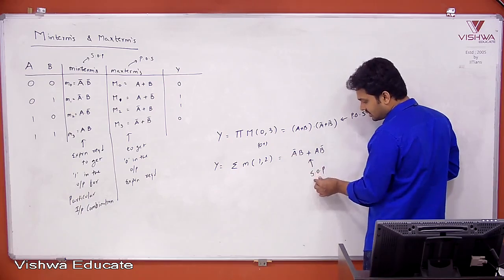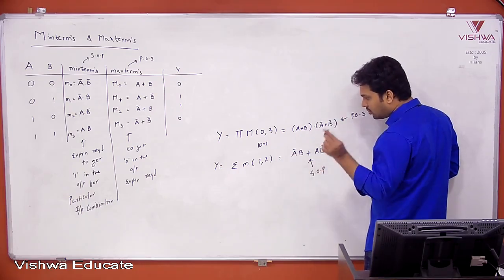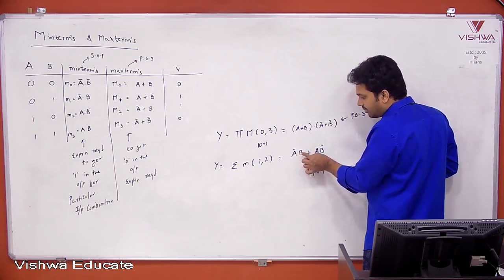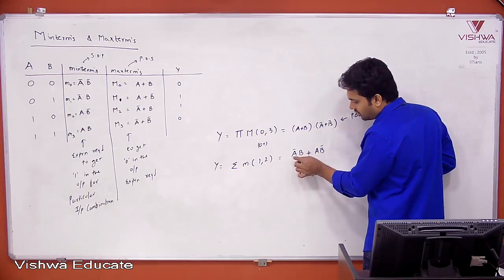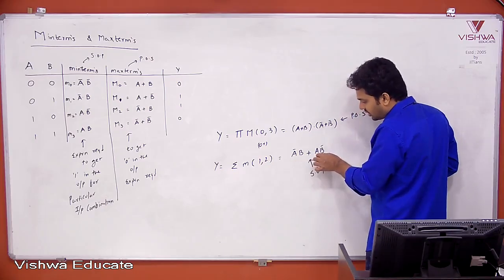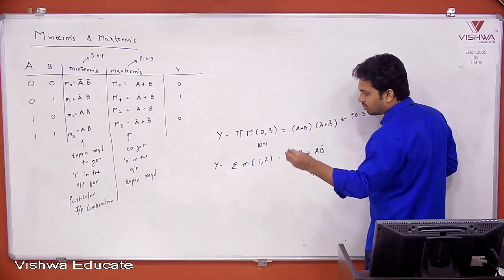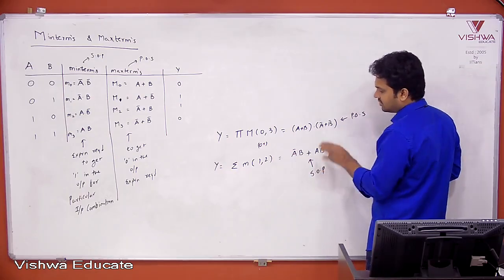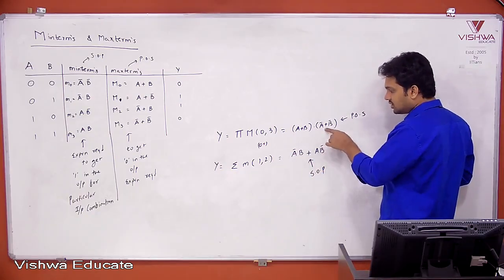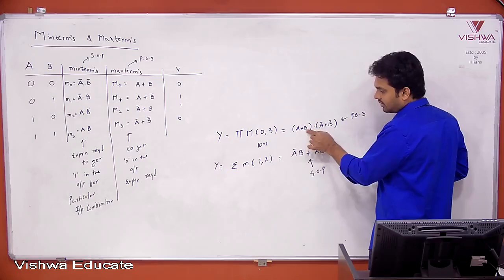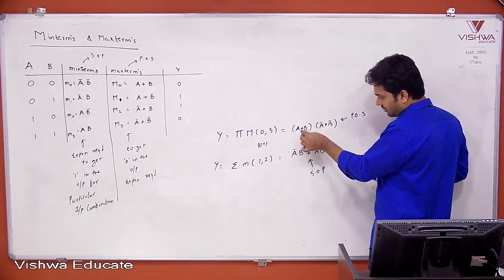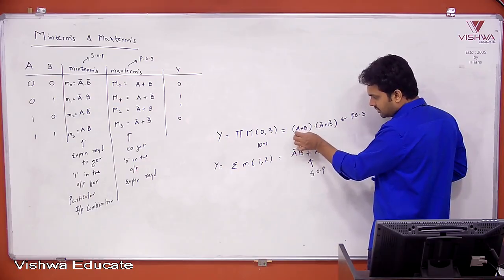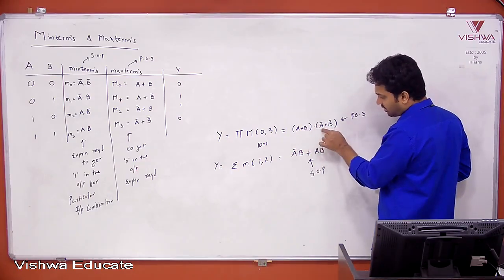For further understanding, see what this function is representing: my output is 1 for either A bar B or A B bar. That is, if your input is 0 1 or 1 0, in both cases my output is 1. That is indicated by this. Here my output is 0 for A plus B, that is for 0 0 or 1 1.